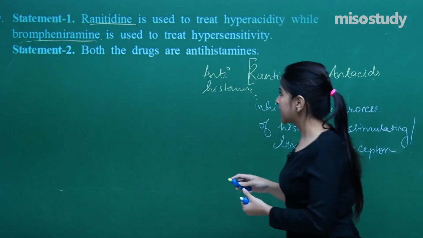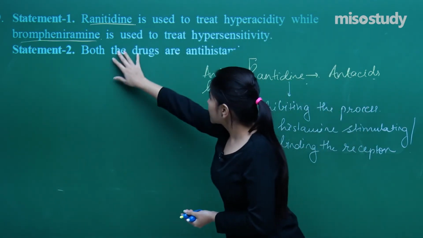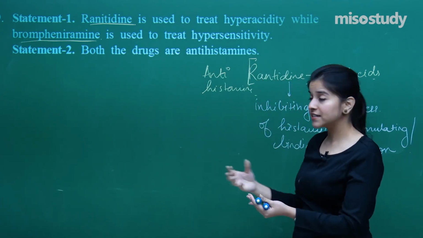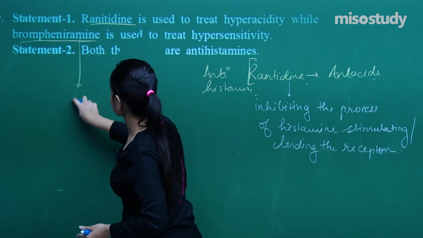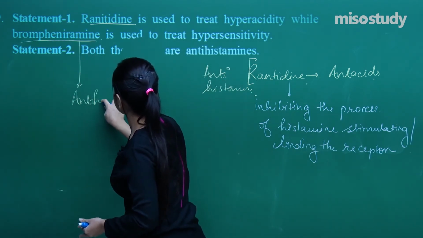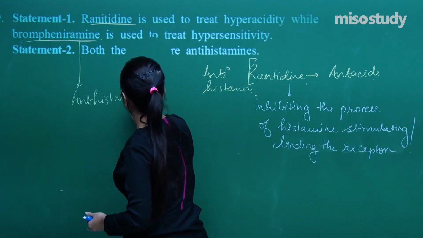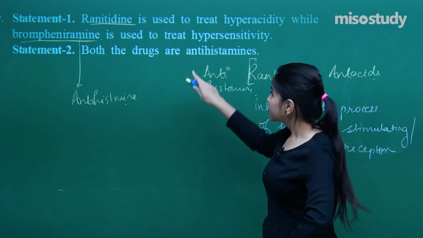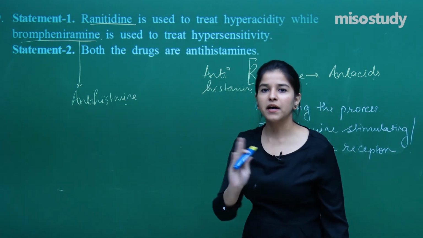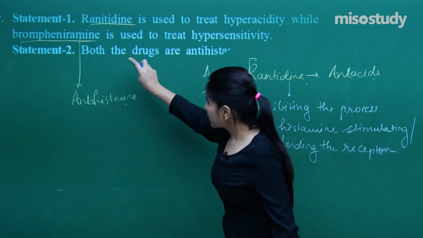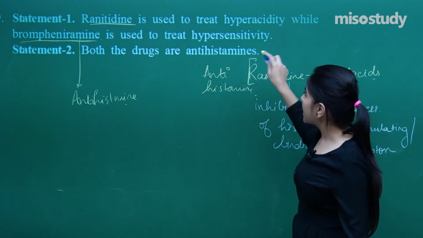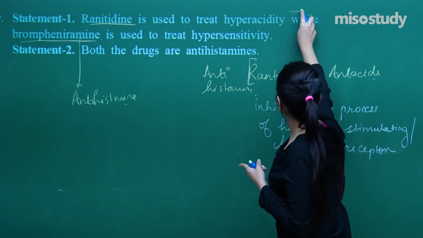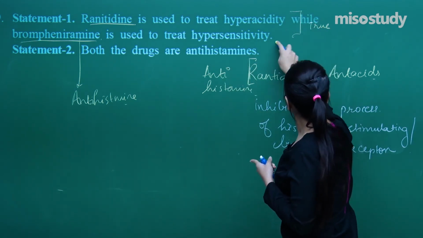And I would like to say here that brompheniramine is an anti-allergic, a proper antihistamine. It has a similar kind of function as that of ranitidine, but here the function is not in the stomach but some other part of the body. Statement 2 says both the drugs are antihistamines. Yes, definitely. That means both the statements are true.